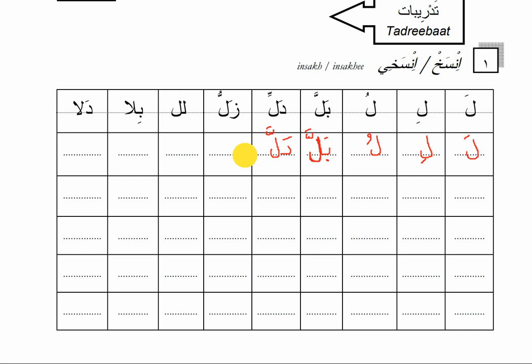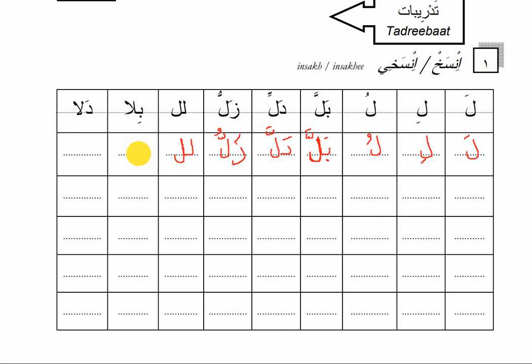Now here, zai. You know how to write zai and lam. Zallu, and lam and lam. The initial lam is written without a curve, and then you need to connect the end letter lam, which is written in the full form.